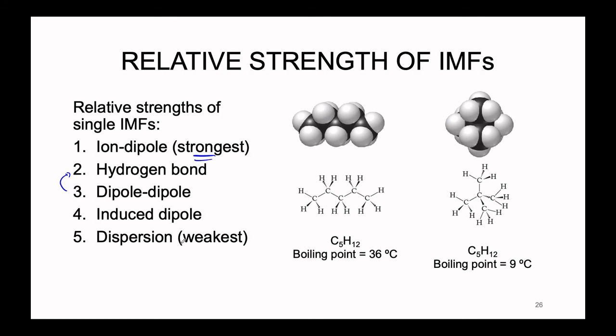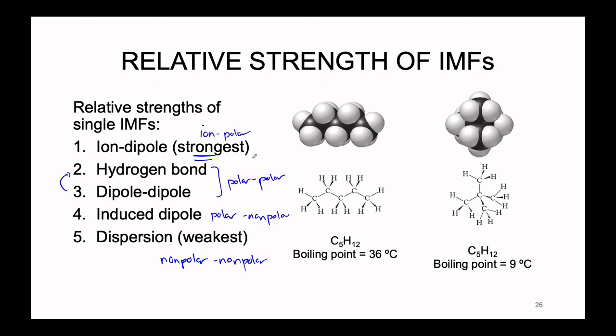Ion dipoles can only form between an ion and a polar molecule. Hydrogen bonding and dipole-dipole interactions form between polar and polar molecules. Induced dipole is between polar and nonpolar. And last but not least, we have the bare minimum interaction, which can technically occur between everything, but it was first discovered when trying to observe and figure out how nonpolar and nonpolar things interacted with each other.